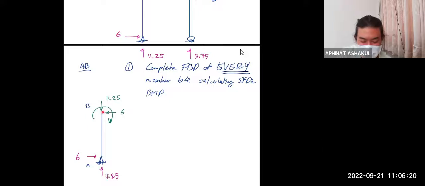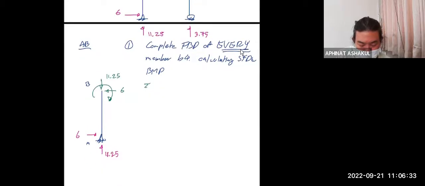So you can feel that the pink 6 will try to rotate this member counterclockwise, so you need clockwise moment. You can also say, okay, sigma MB equal to 0.